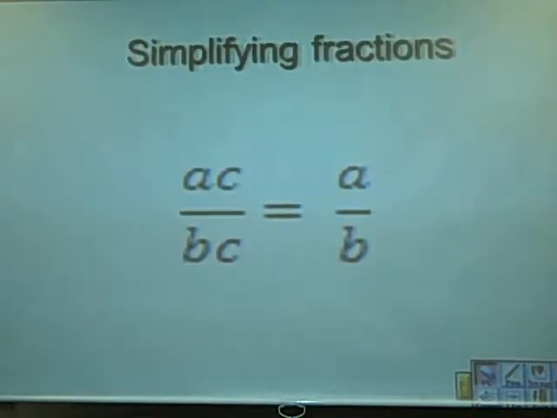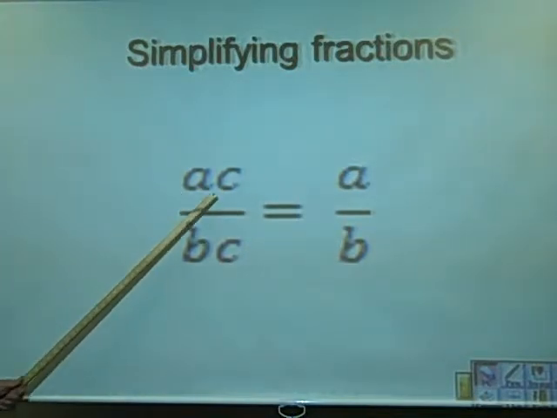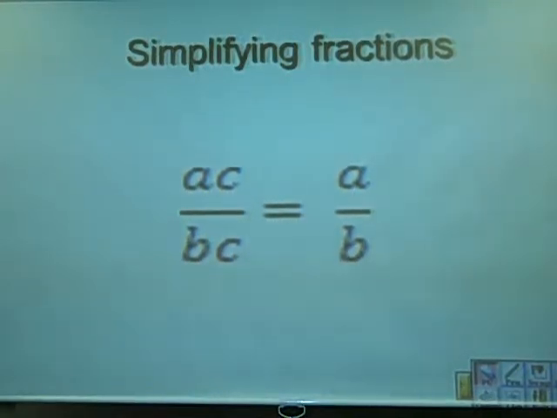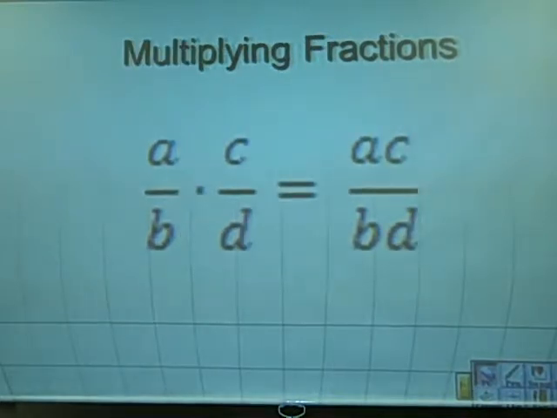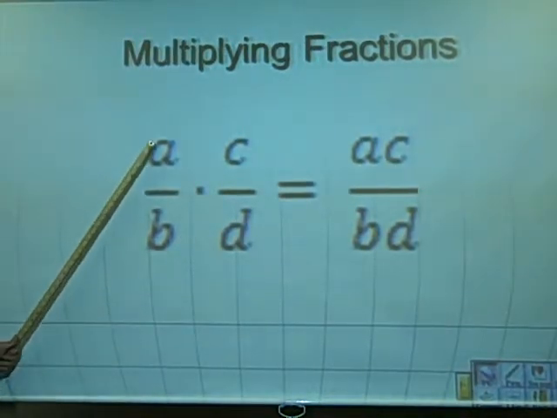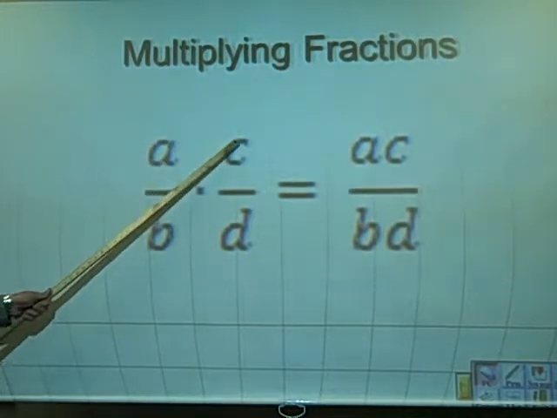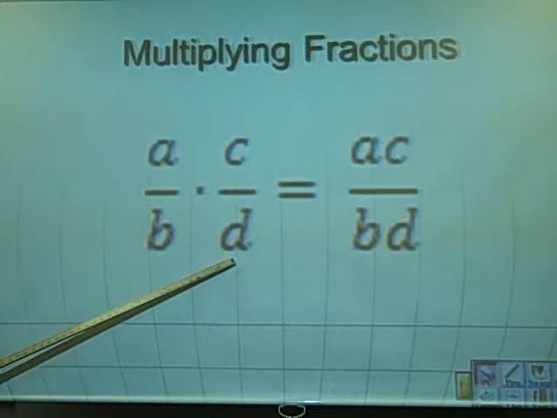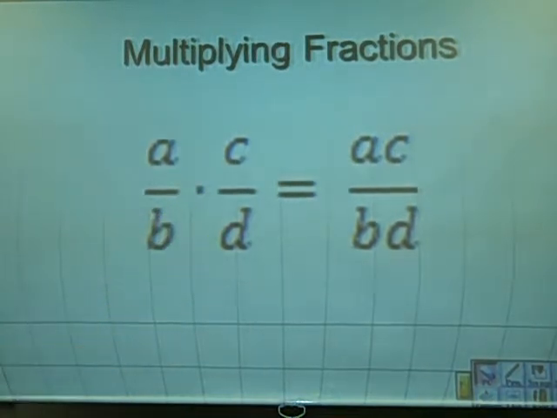So, we're looking at simplifying rational expressions, working with rational expressions. Here we look for the common factors and cancel them out. And that way we have our answer in its simplest form. Here we multiply numerator times numerator and denominator times denominator. If we can cancel, we want to go ahead and do that.